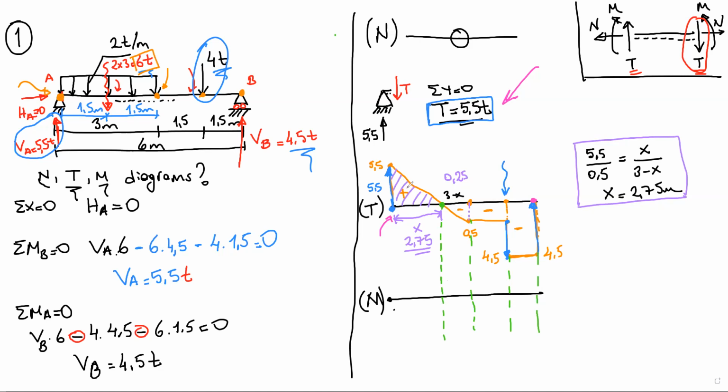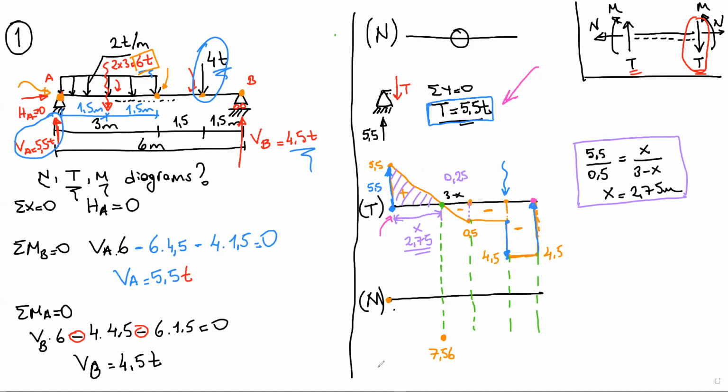So, the area of this shaded part, 5.5 times 2.75, yes, 7.56. Here, the moment here is 7.56.